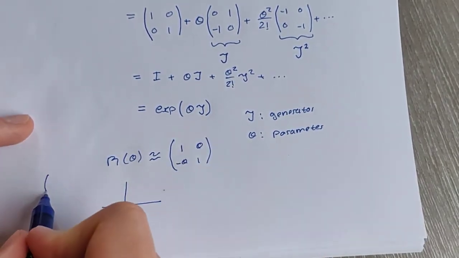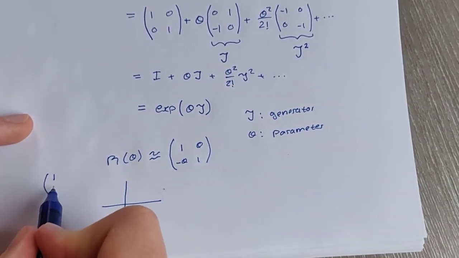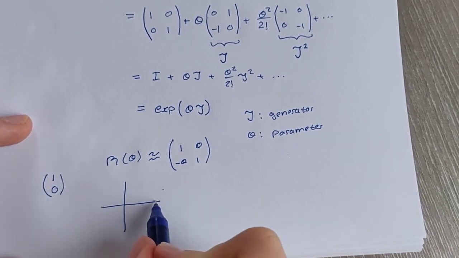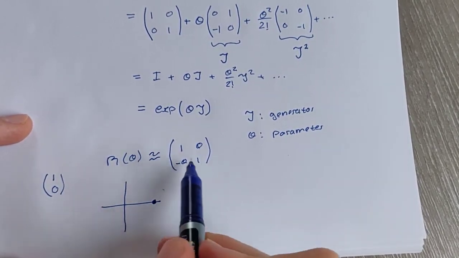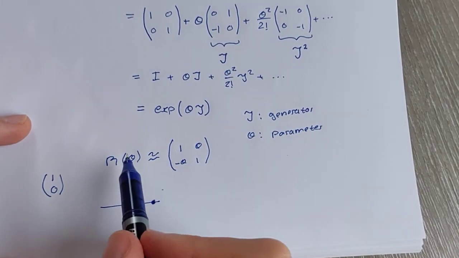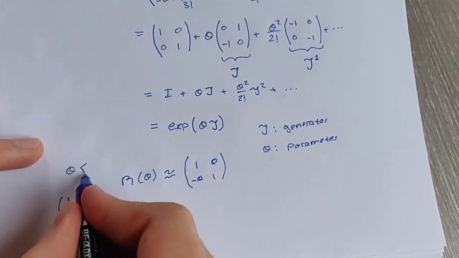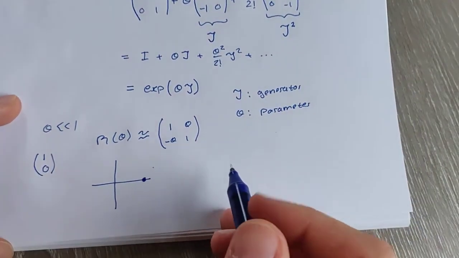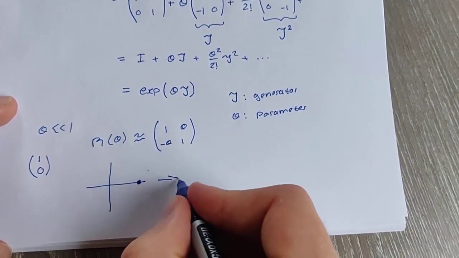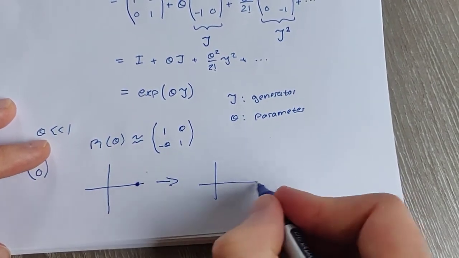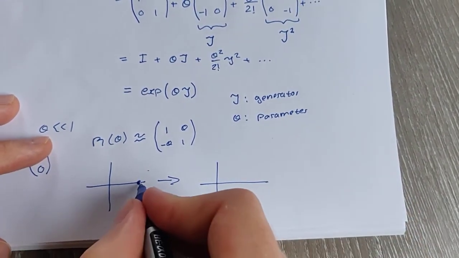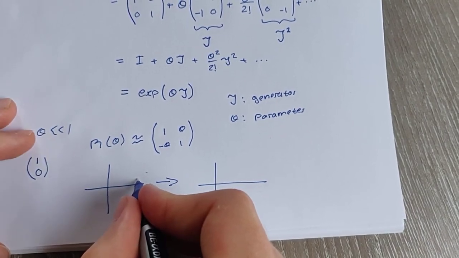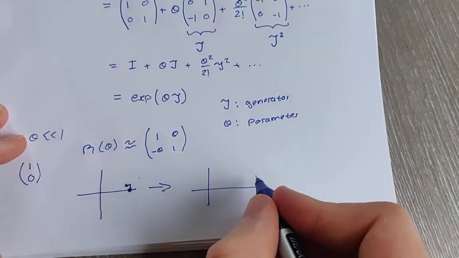Say you take the point x is 1 and y is 0, which is this point here, and you apply this matrix to that for a really small theta, so theta is much smaller than 1. What happens is this point goes to a new point, slightly up and then slightly to the left.